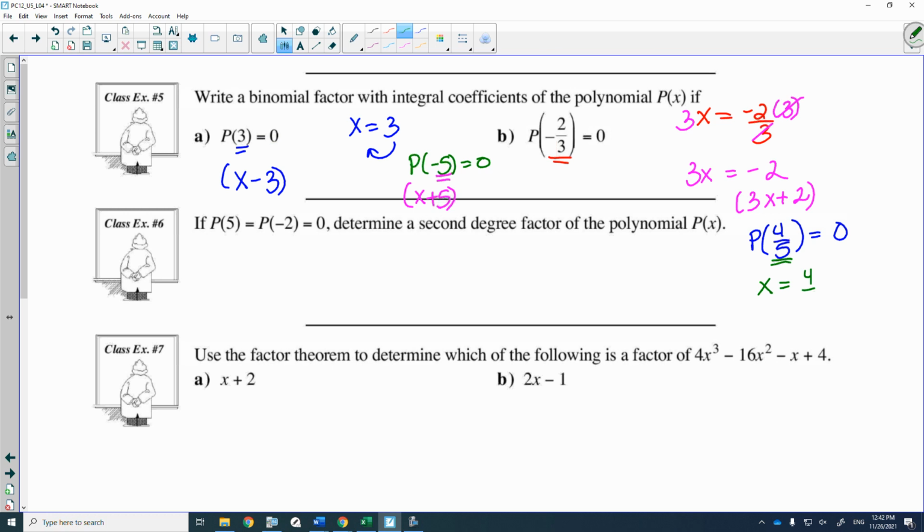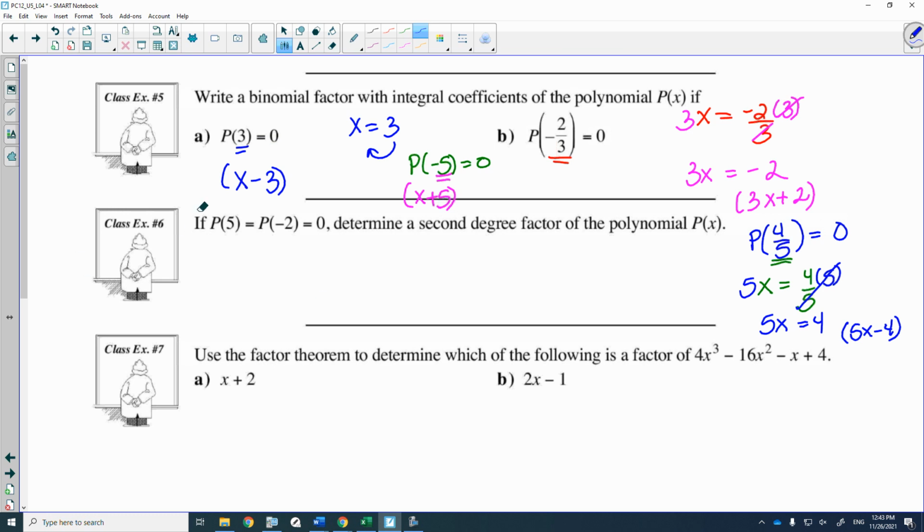Your x value is 4/5. Multiply both sides by 5. 5x is equal to 4. The divisor would have been 5x minus 4. Okay, and then because the remainder was 0, this divisor is a factor of the polynomial. 4/5 is going to be an x-intercept.